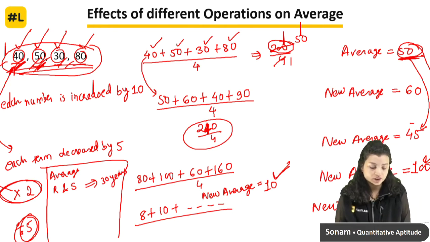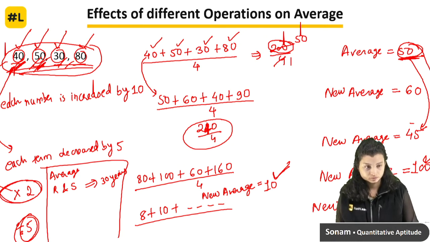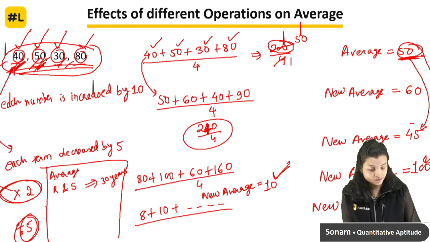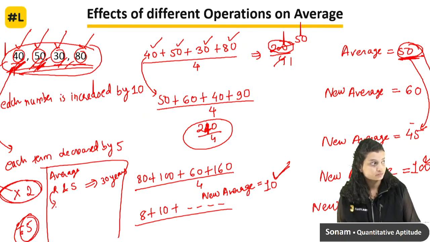What will be the average age of them after 5 years? So it will be 35, right? Because you are increasing 5 in each of them.